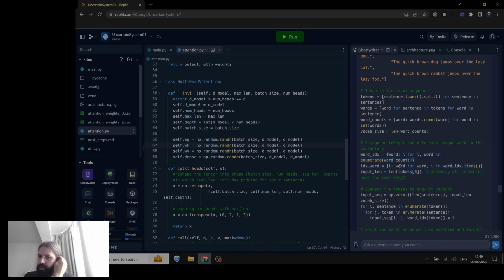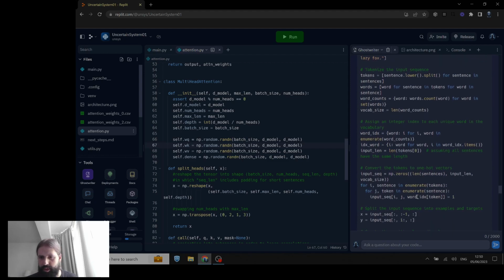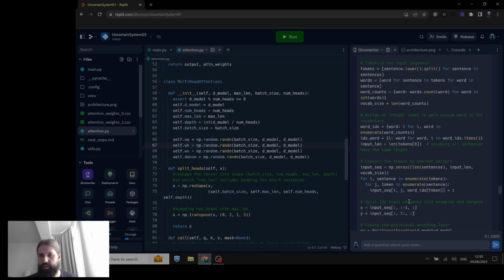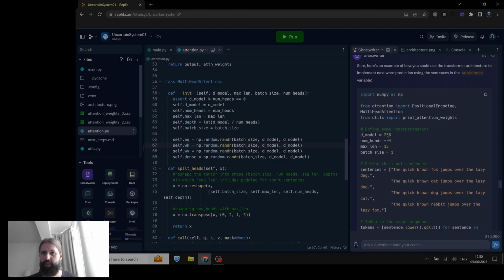Convert the tokens to one-hot vectors. Split the input sequences into examples and targets. So we need to actually start here, and then we can erase these pieces. That's kind of going to be the next step.